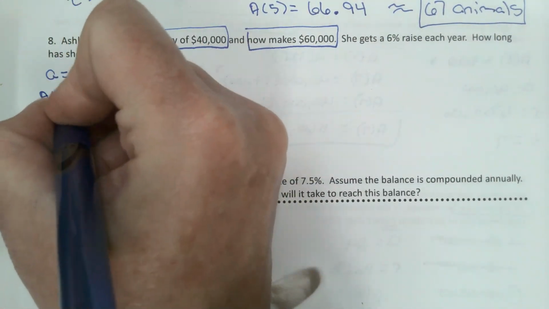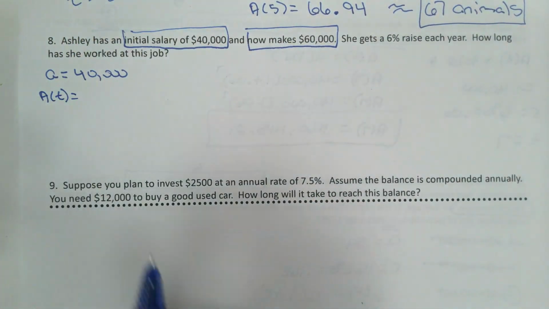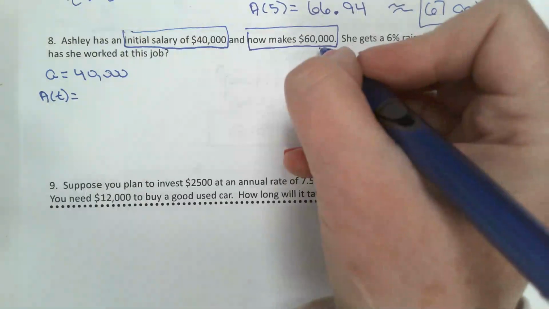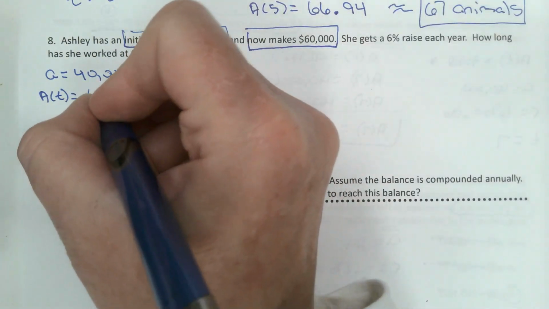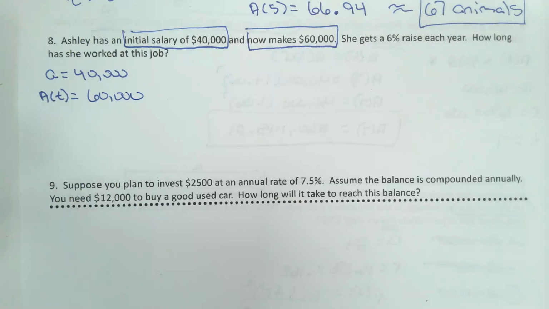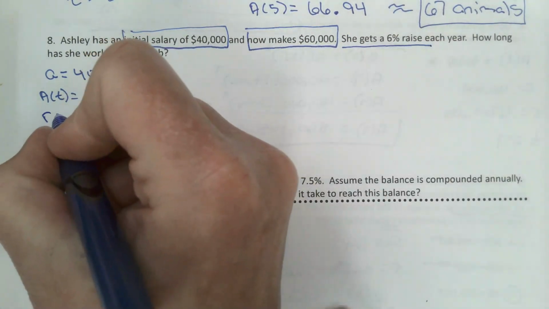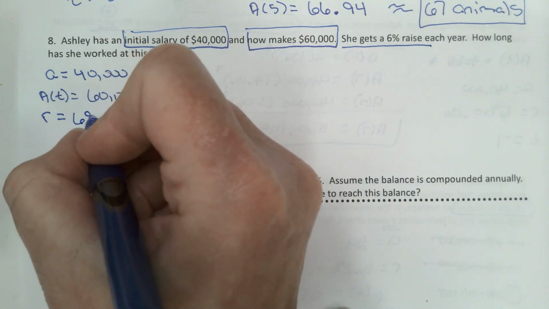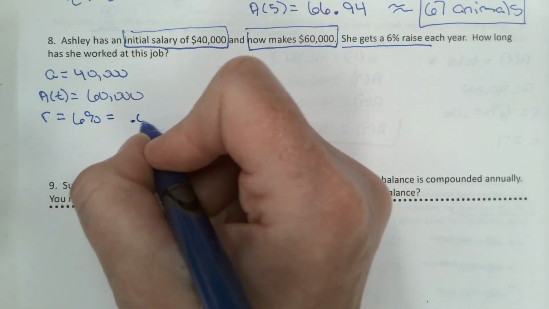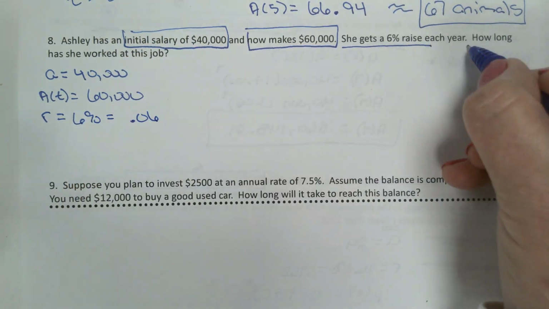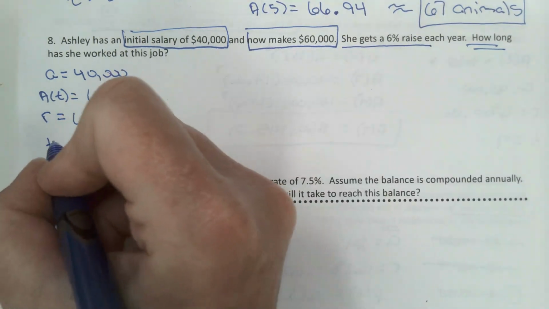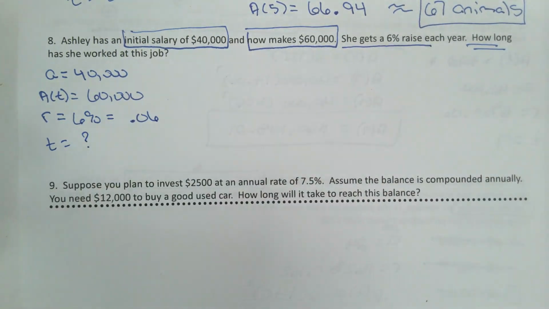Your A of t is your total, or your future amount. So that is the value that goes right there. I get a 6% raise, so R equals 6%, so it's 0.06. How long has she worked at the job? So that is my mystery amount right there.